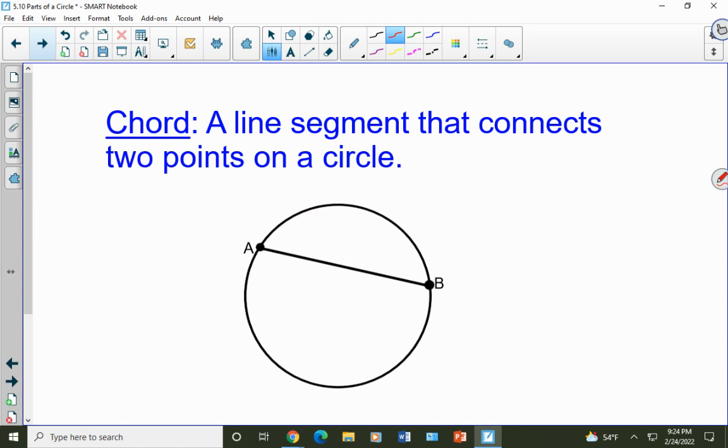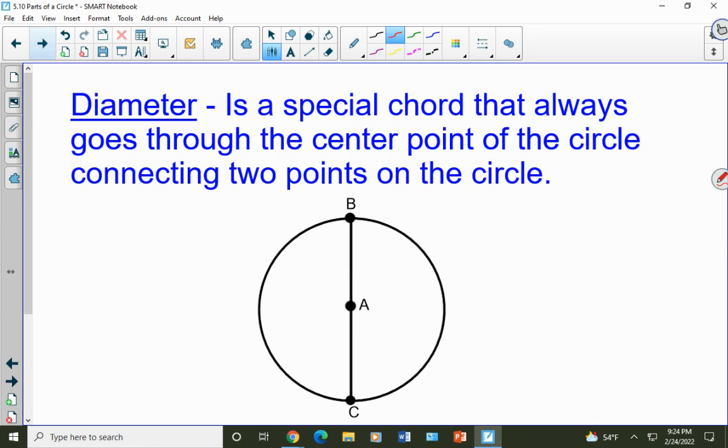All right. The next circle part is a diameter. Now, a diameter is a chord because it connects 2 points on the circle. It's a line segment that connects 2 points on the circle, B and C. What's special about it is that it's a chord, but we call it this because it goes through the center point.